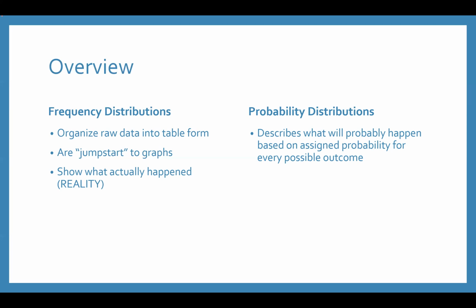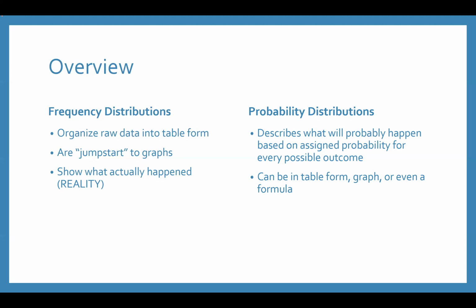Now, is that what happens in reality? Probably not. So the probability distribution describes what probably should happen based on assigned probability, whether that probability is theoretical or one we've arrived at by using a contingency table through an experiment, through a survey. It gives us more of a theoretical perspective.